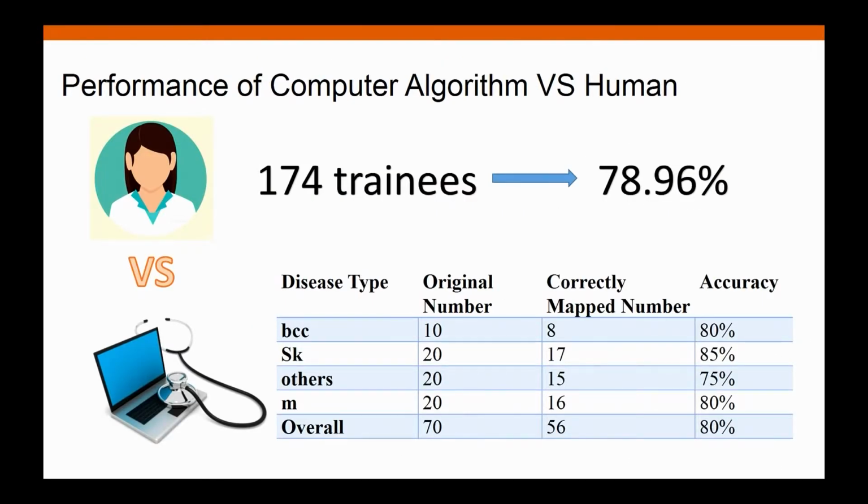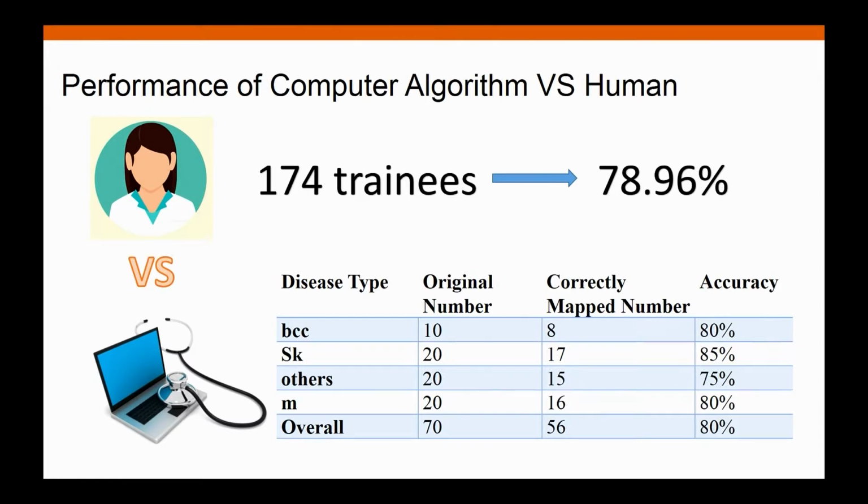We also did a task to test the performance of the computer algorithm against humans. In this task, we have a data set that is separate from the training, validation, and testing sets, consisting of 70 images of those 4 groups.